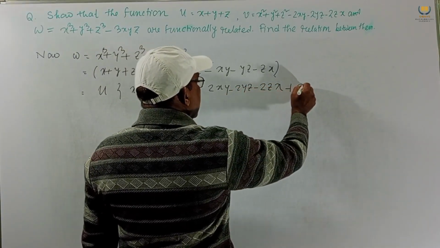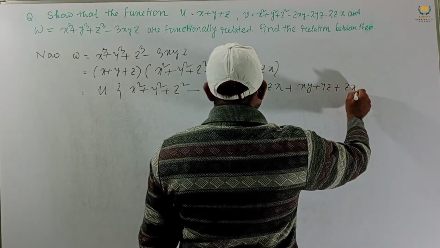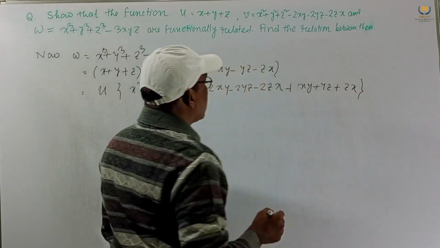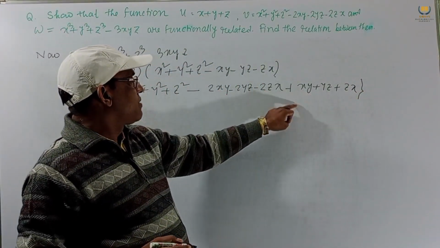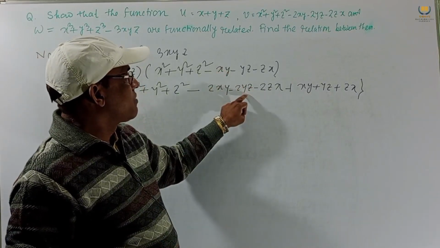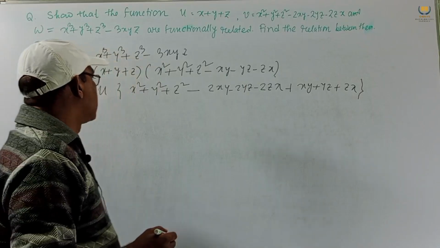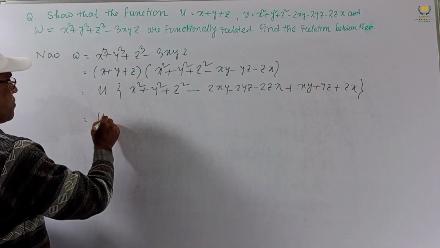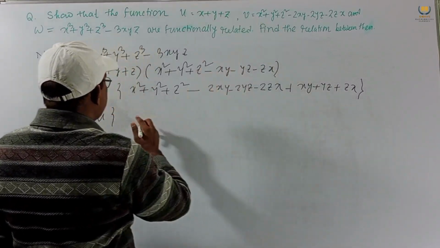Now we adding xy plus yz plus zx. We adding this. We write minus 2xy then plus xy. Ultimately this and minus xy. This is minus 2yz plus yz. This is minus yz. Ultimately we get this. And this is u, and this whole, this is v.